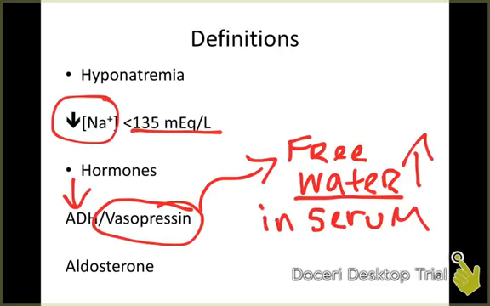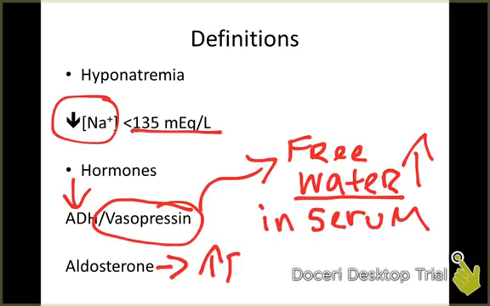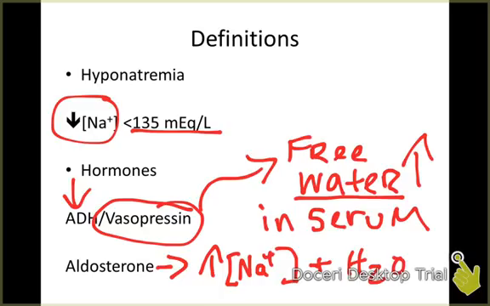So it's free water, not sodium in water like we're used to with other hormones, like the other hormone you heard about in endocrine, which is aldosterone, which works at a similar location within the renal tubule. Here, you're increasing sodium plus water reabsorption into the blood.